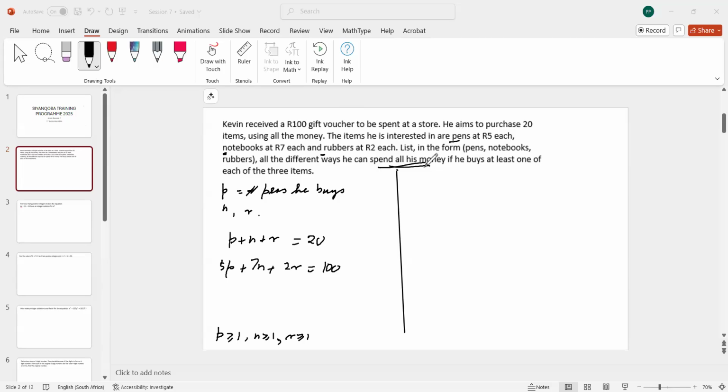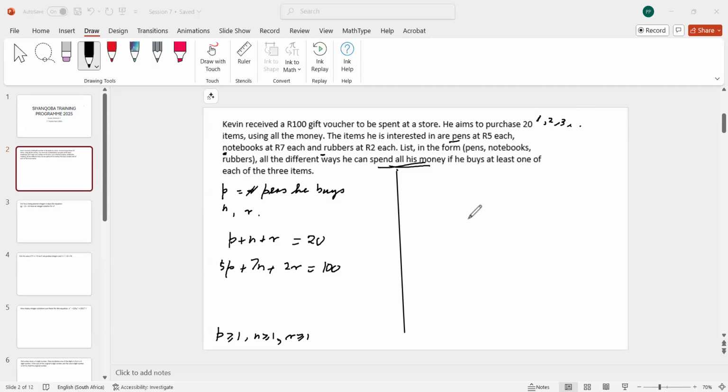So we've taken all the information and put it down into the form of symbols and equations. But now we've got two equations and three unknowns. And normally you'll need three equations and three unknowns to solve. The important thing here is that these numbers P, N, and R are whole numbers, from the natural numbers. So that helps a great deal.